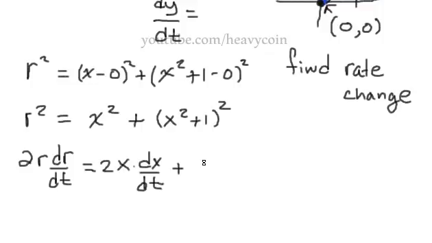So bring the 2 out front, you write everything in parentheses, subtracting 1 from the power, and then taking the derivative of the inside and bringing it out, which is just 2x.